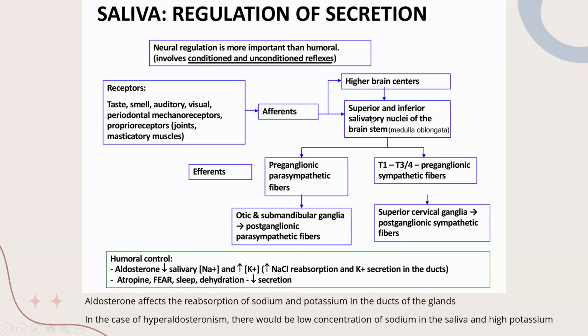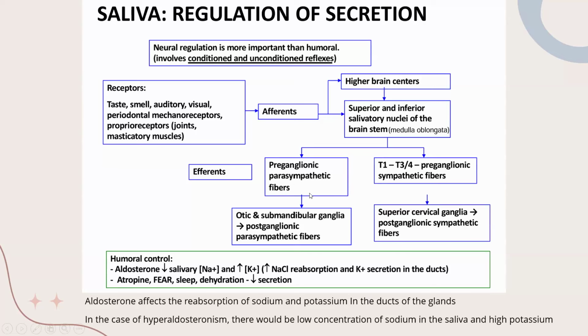As I said, the superior and inferior salivary nuclei of the brainstem, which is in the medulla oblongata, and then this sends the T1 to T3, and sometimes also C8, preganglionic sympathetic fibers, and it also sends preganglionic parasympathetic fibers. So both parasympathetic and sympathetic.